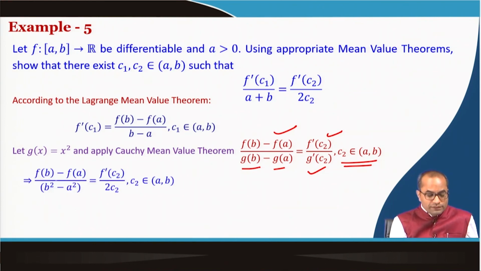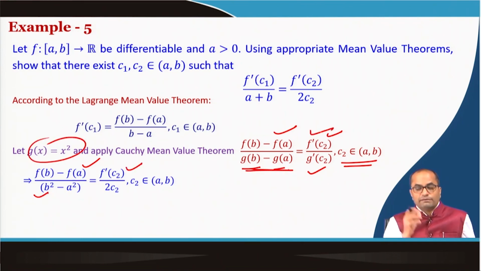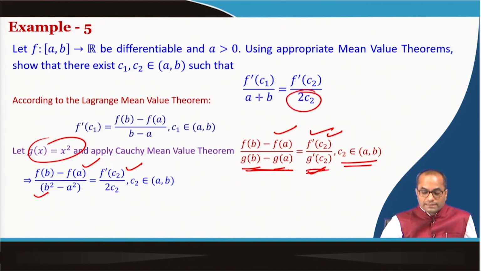So, here what we apply is this. We have f b minus f a over b square minus a square, because g x is x square, and then we have the derivative of f at C2 and the derivative of g at C2, that means of x square, so 2x, so 2C2.